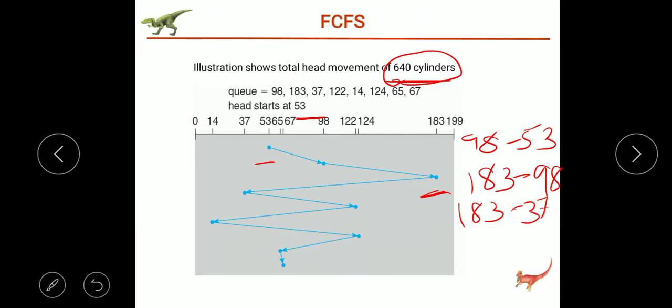Then from 37 to 122 it is 122 minus 37, not 37 minus 122. Like this you go on taking the differences and finally adding them. When you add all these differences you will get 640 cylinders, which is the total head movement for this example.